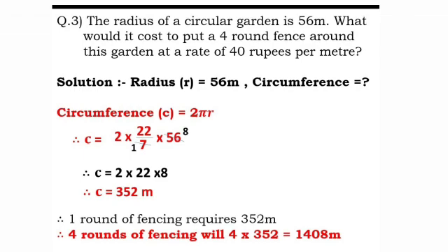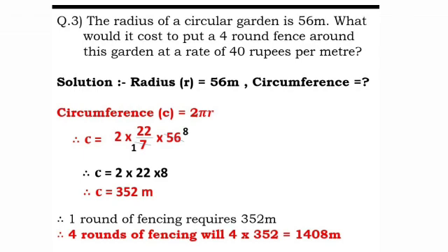So after cancellation, circumference is equal to 2 into 22 into 8, which is equal to 352 meter. Now this 352 meter is for one round of fencing, and you are going to find out for 4 rounds of fencing.